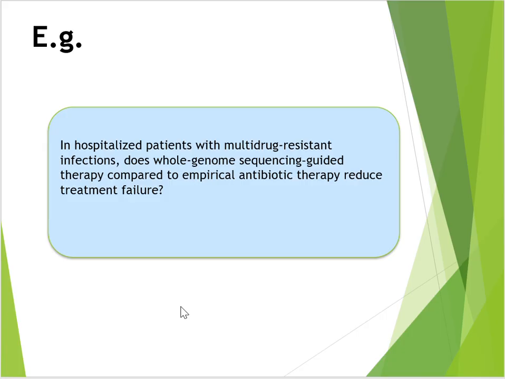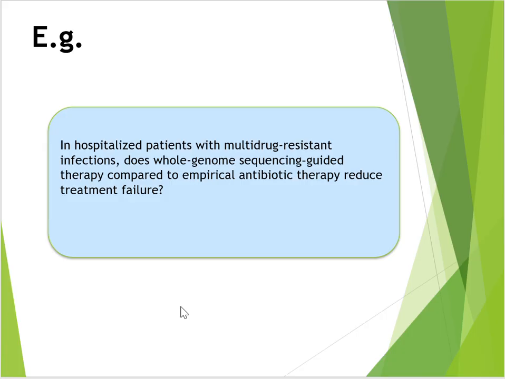So looking at this carefully, if we are to do an inclusion or exclusion criteria, the first thing we will exclude is patients who are on outpatient treatment, or patients who are outside the hospital. We will exclude them from the study.